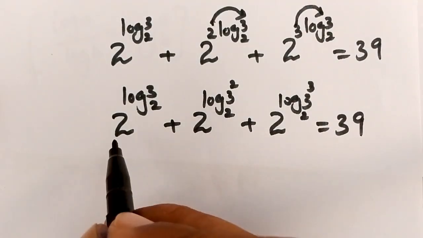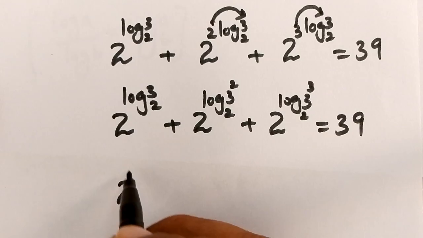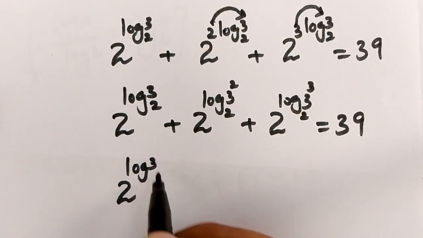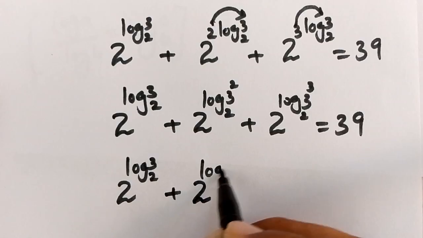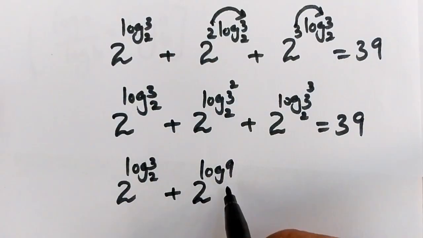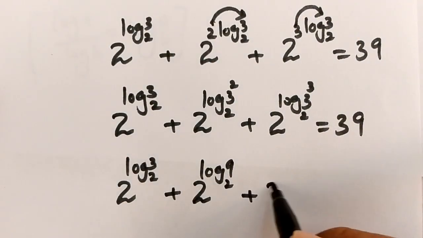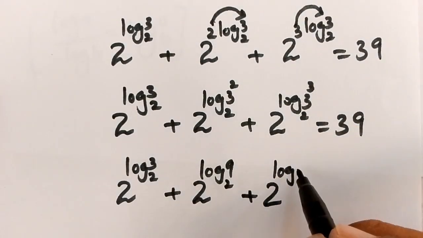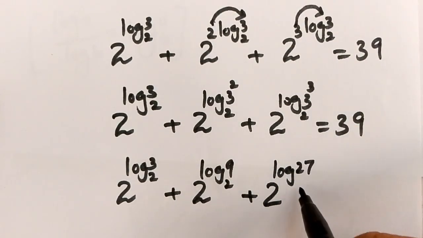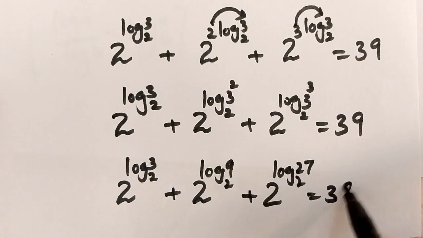Now in the next step, 2 to the power of log of 3 with base 2 plus 2 to the power of log of 3 square, which is 9, with base 2 plus 2 to the power of log of 3 to the power of 3, which is 27, with base 2 is equal to 39.